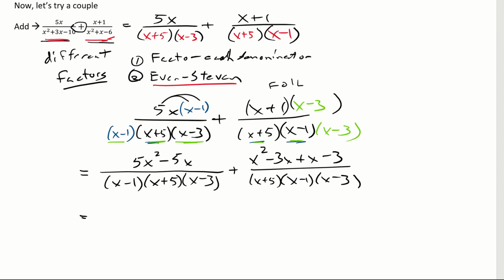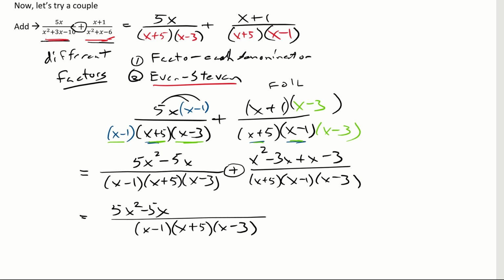Now, look. We got the same denominator. Everything's multiplied out. Be patient. And now look, bam. There are shortcuts. I've seen teachers go shortcuts. You got to be kind of quick with it, and I don't want to rush things. I'm just going to add the numerators: 5x squared minus 5x, plus x squared, minus 2x, minus 3.